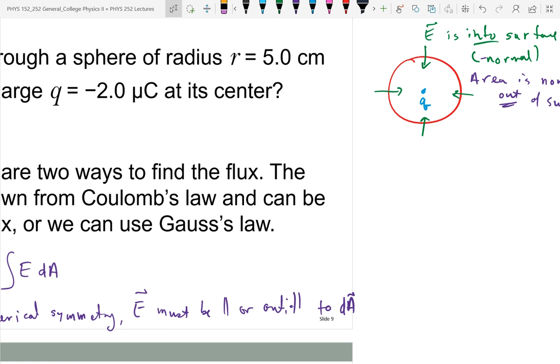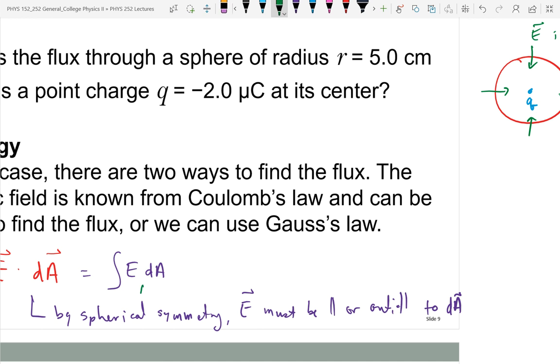It doesn't matter that you know Coulomb's law for either of these. Based on the symmetry, E is constant on A due to symmetry. So if the electric field is constant, that means my integral is E integral of dA, but by definition, what's the integral of dA?